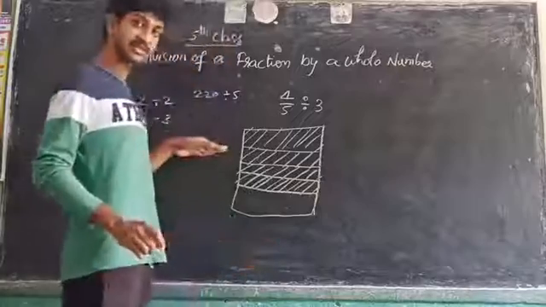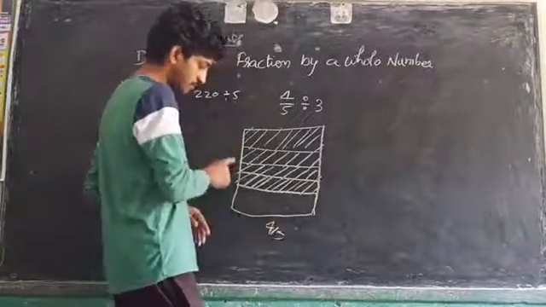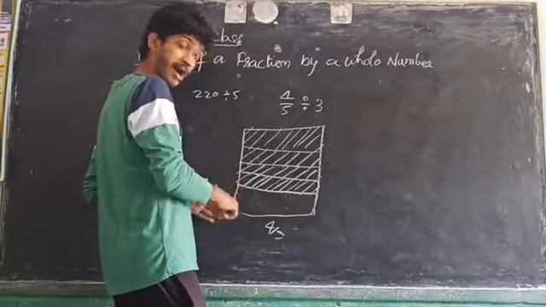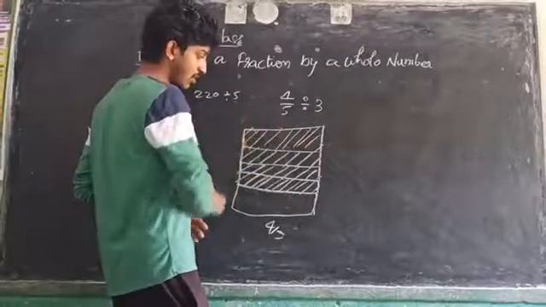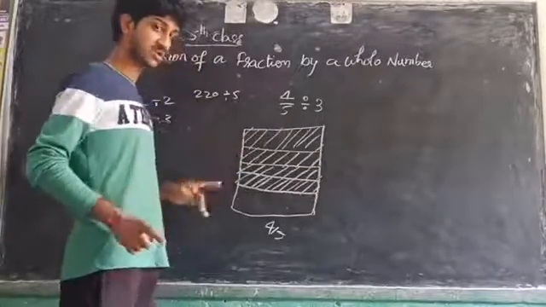This is the representation of 4 by 5. In total 5 parts I am taking 4 parts only.